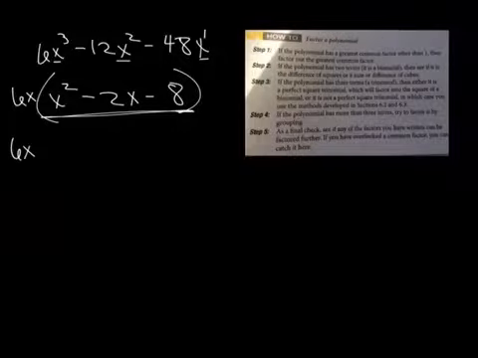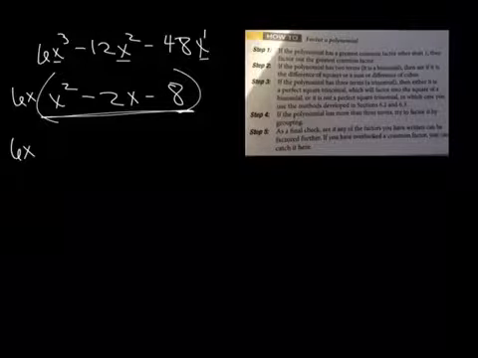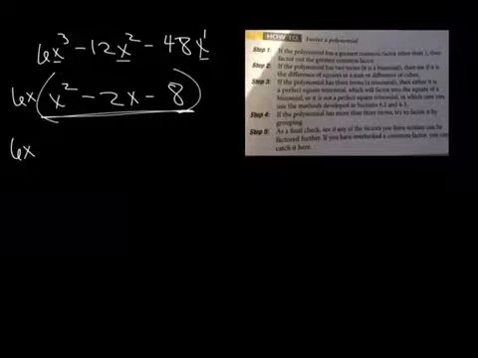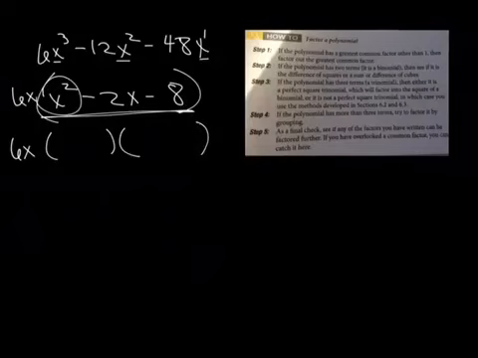Is this a perfect square trinomial? No, it's not. But one of the things that I noticed here is that because it's not perfect, I can divide it into two binomials. Two numbers multiplied together give me x squared. Two numbers multiplied together give me 8, and added give me negative 2.